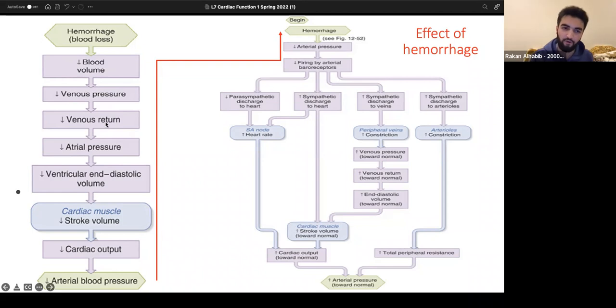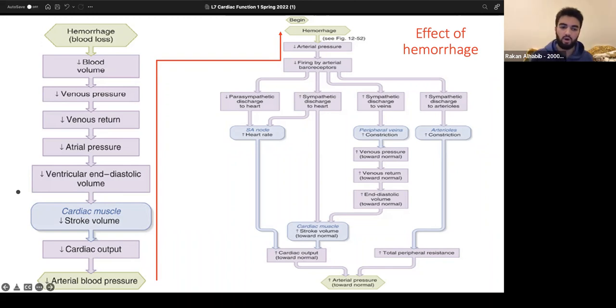Therefore there's less atrial pressure, less cardiac output, less diastolic volume, less stroke volume, and so less mean arterial pressure. Remember that equation: mean arterial pressure equals cardiac output times systemic vascular resistance.